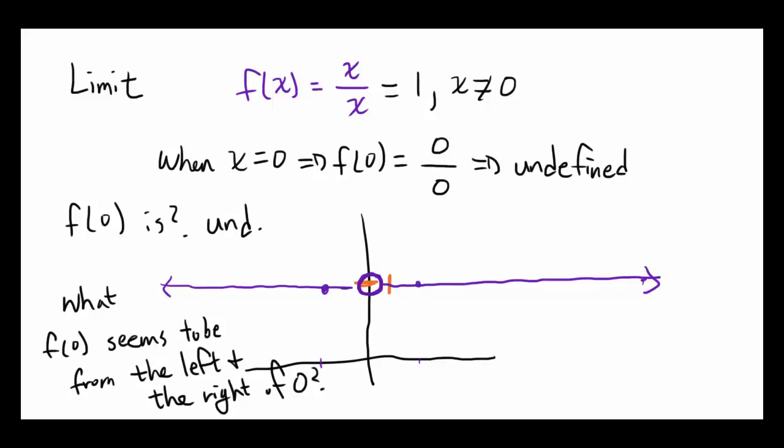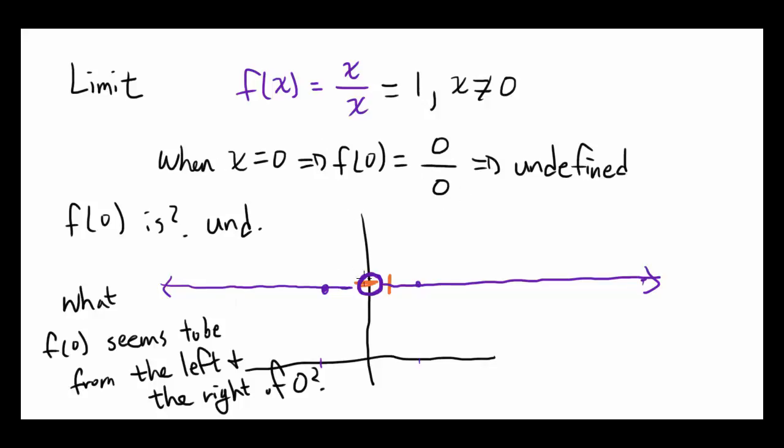And this is a very important question, and it's going to be addressed many times as you study deeper into calculus. It's what the function is behaving like if we look at it from the left and from the right of a certain value. And in this case, the value is 0.